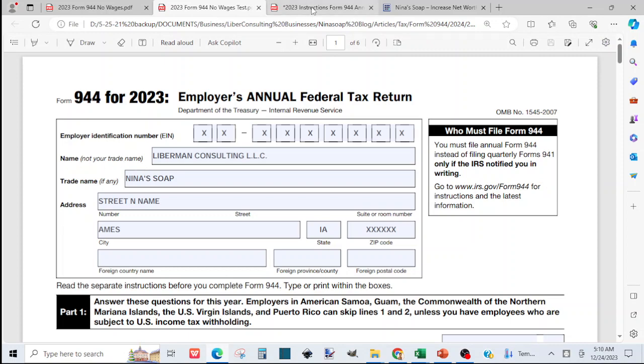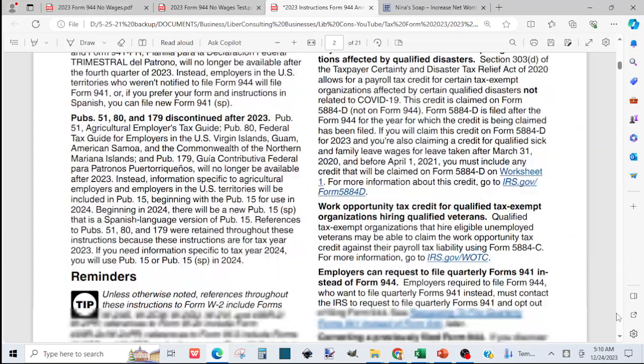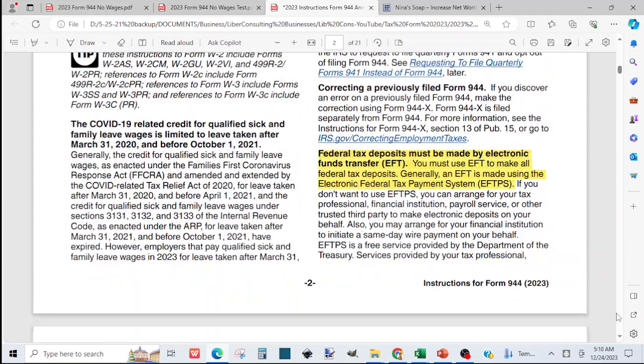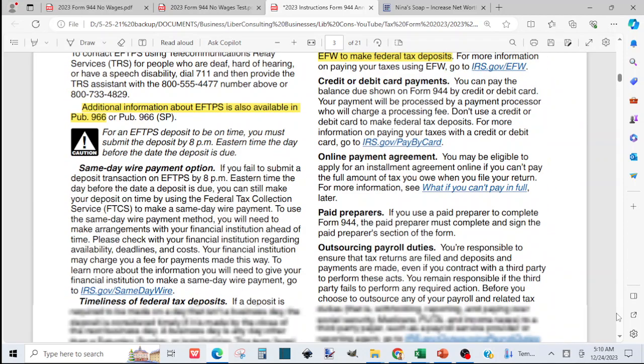It'll be good to go to the instructions, scroll through to that information and read through it to know how you'll complete that section.